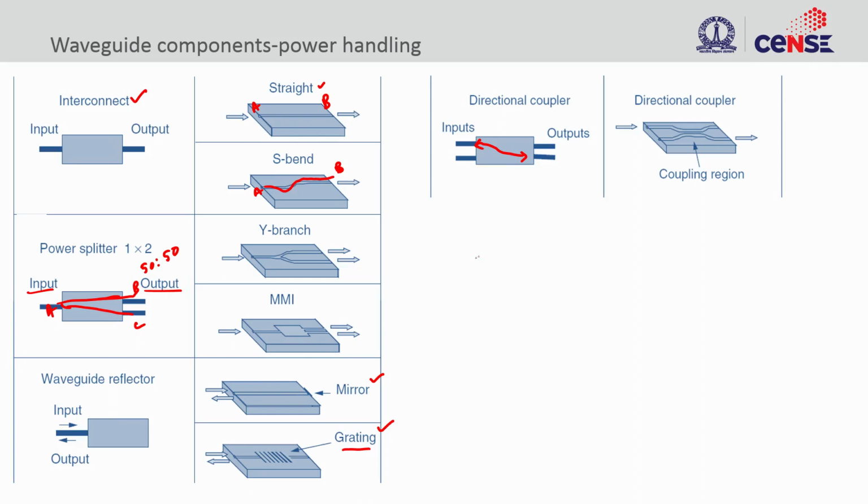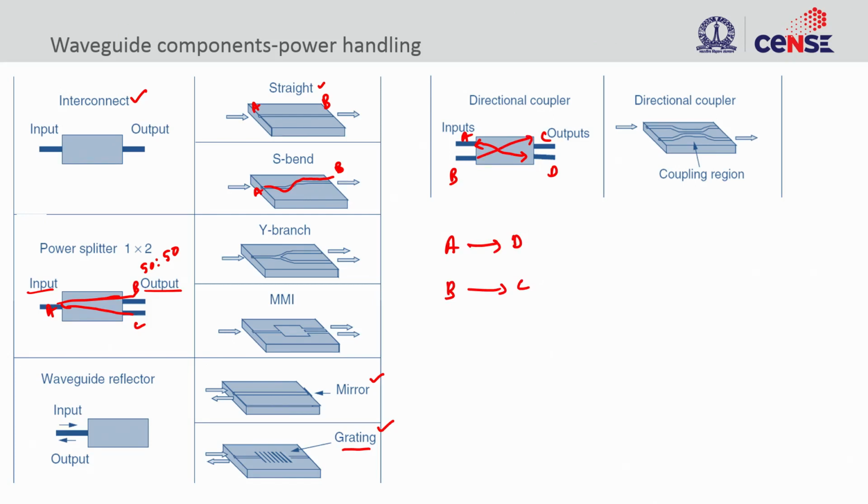So, instead of having one input and two outputs, we have two inputs and two outputs, right. So, here the idea is, let us say this is A B and this is C D. You want to send light from A to D and then you want to send light from B to C, right. So, with a single device you can realize this, right.